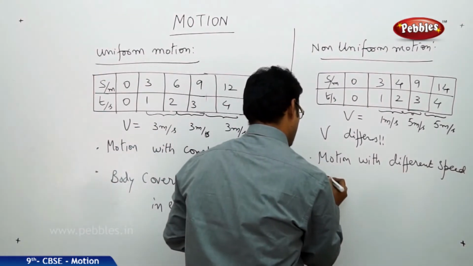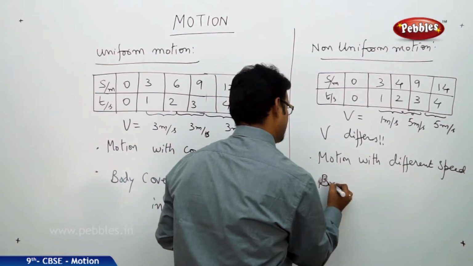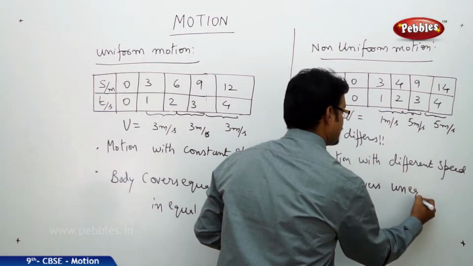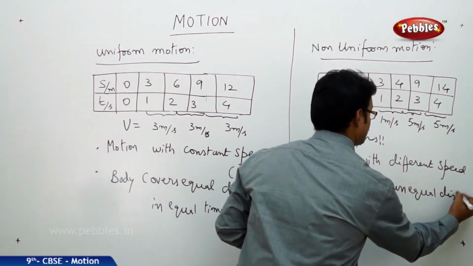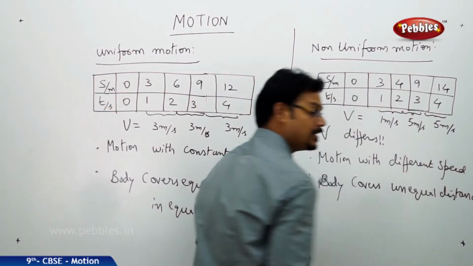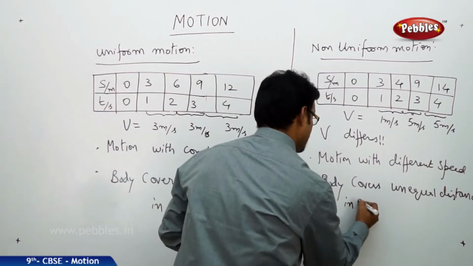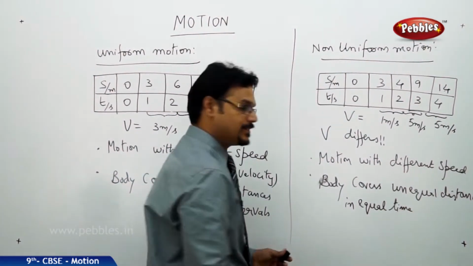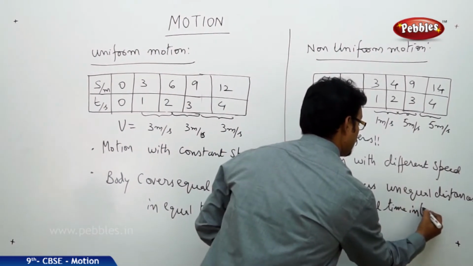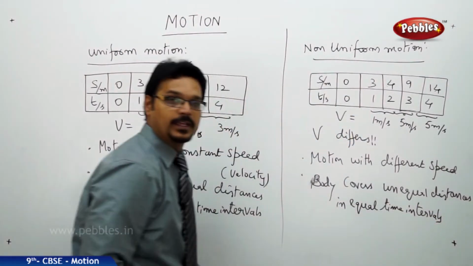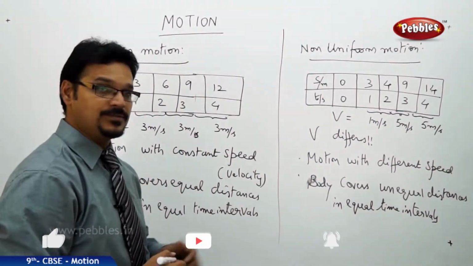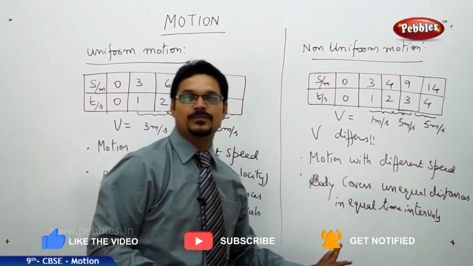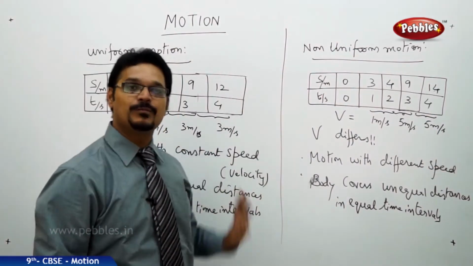The body covers unequal distances in equal time intervals. Sometimes you can say this also: the body covers equal distances in unequal time intervals. Either way, it is non-uniform motion.